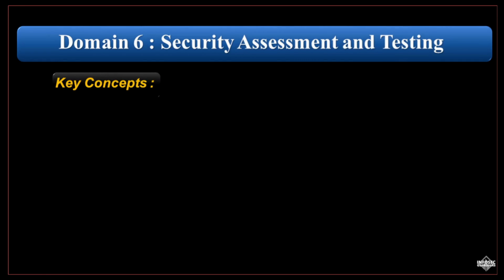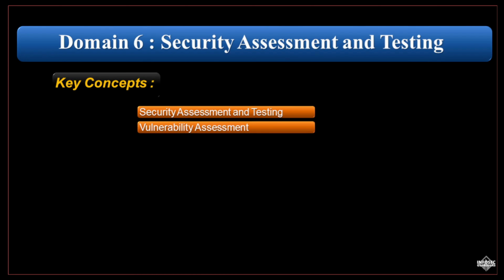Let us now explore some key concepts you need to grasp to master this domain. Security assessment and testing. Security assessment and testing involve evaluating the effectiveness of security controls, policies, and measures within an organization. This process identifies vulnerabilities, weaknesses, and areas for improvement to maintain a robust security posture.